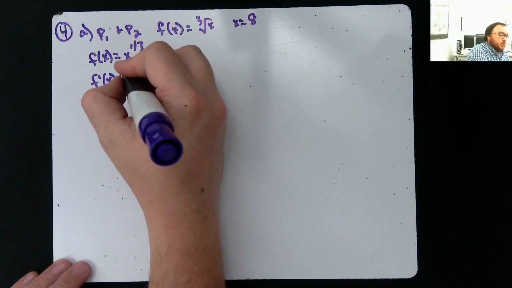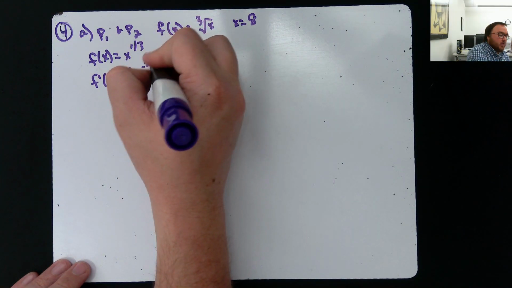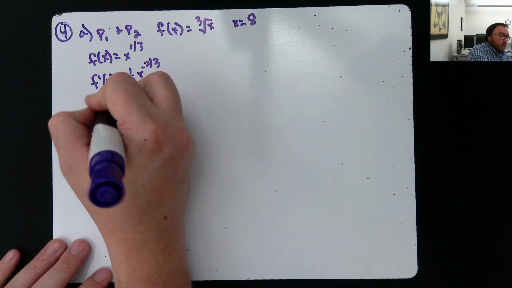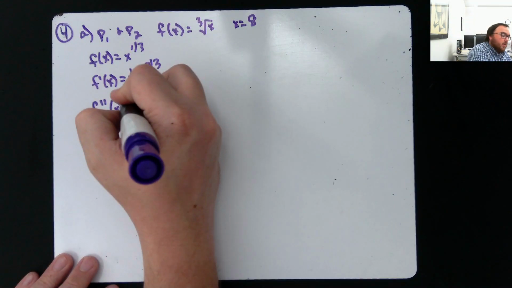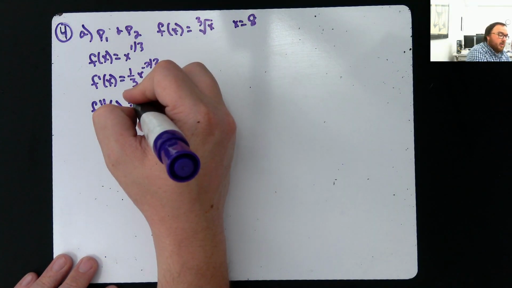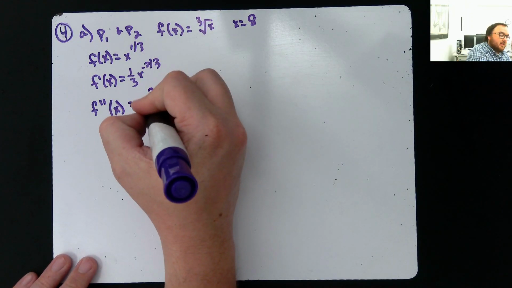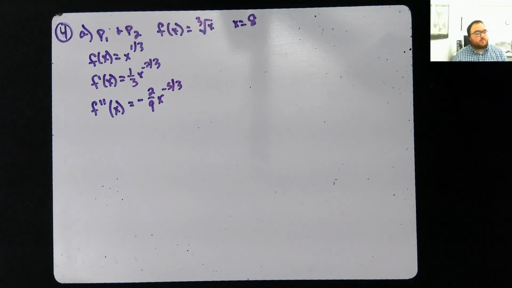Bring the power down, gives you 1/3 x. Decrease that by 1, gives you negative 2/3. And then the second derivative, which I'm going to need for P2, so I'm going to go ahead and find it here. Again, bring the power down, negative 1/3 times 2/3 is 2/9 x. Again, decrease that by 1, gives you negative 5/3.